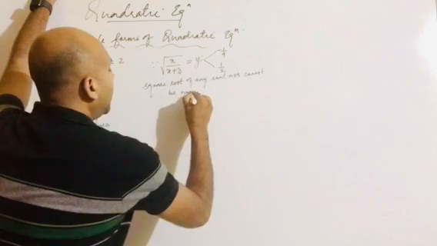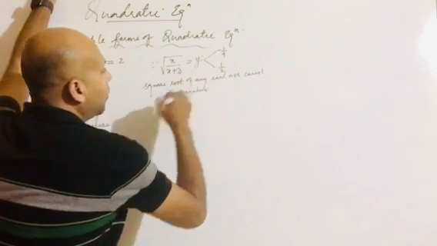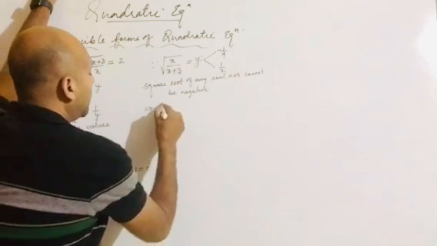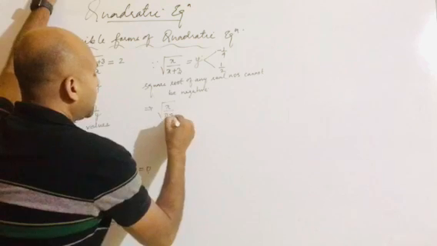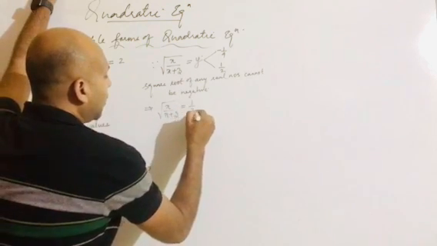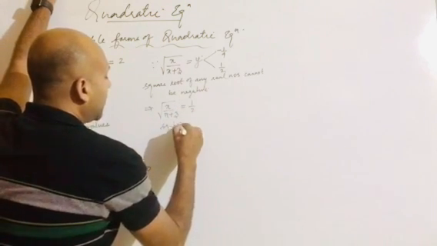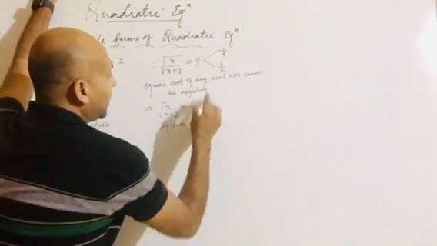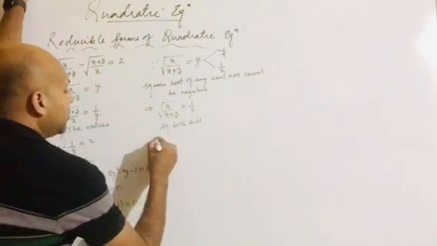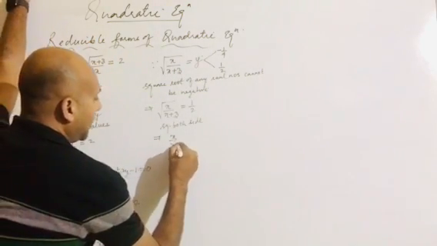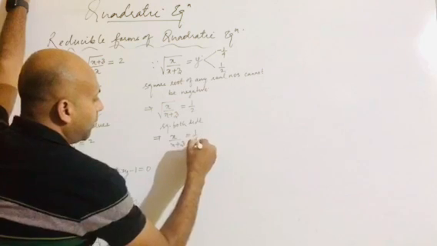So I will take only the positive value. This implies root under of x by x plus 3 is equal to 1 by 2, and now you square both sides. You cannot take the value as minus 1 by 4. So x divided by x plus 3 is equal to 1 by 4.